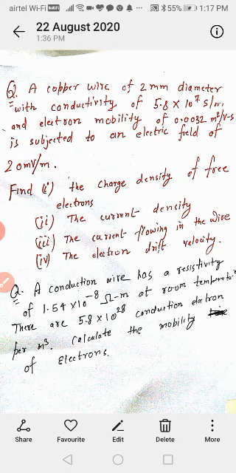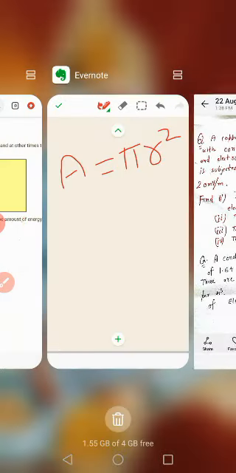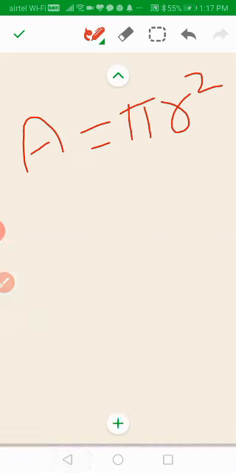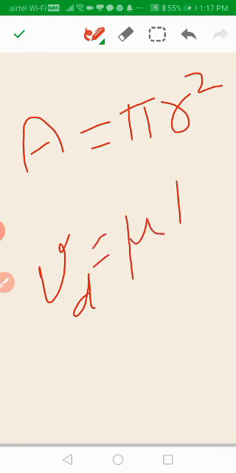Next, the electron drift velocity. Vd equals minus mu times E. The minus is actually just showing the direction of the drift velocity, which is opposite to the electric field.